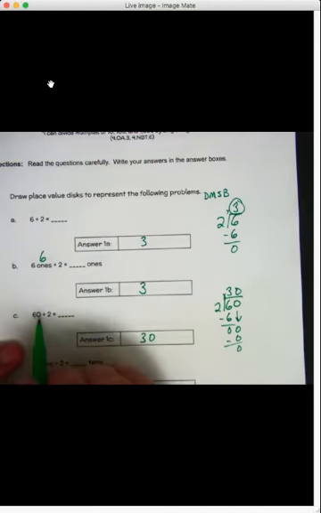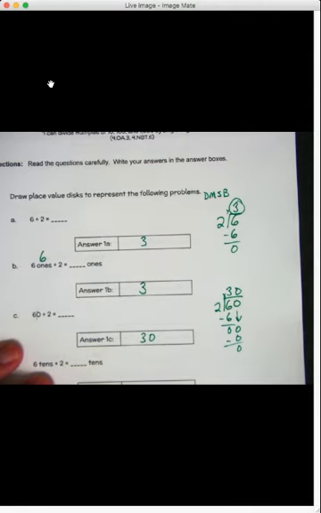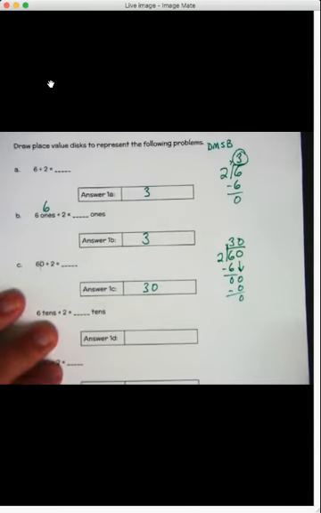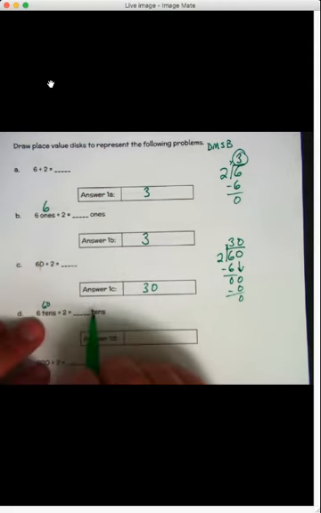Okay? 30. Now, he showed you in the video, you could have just thought about that as 6 divided by 2 is 3, then add that 0 like we did when we multiplied. So we'll do some of that a little bit later on. All right, 6 tens. Tell me what 6 tens is. 10, 20, 30, 40, 50, 60. Divided by 2 is how many tens?